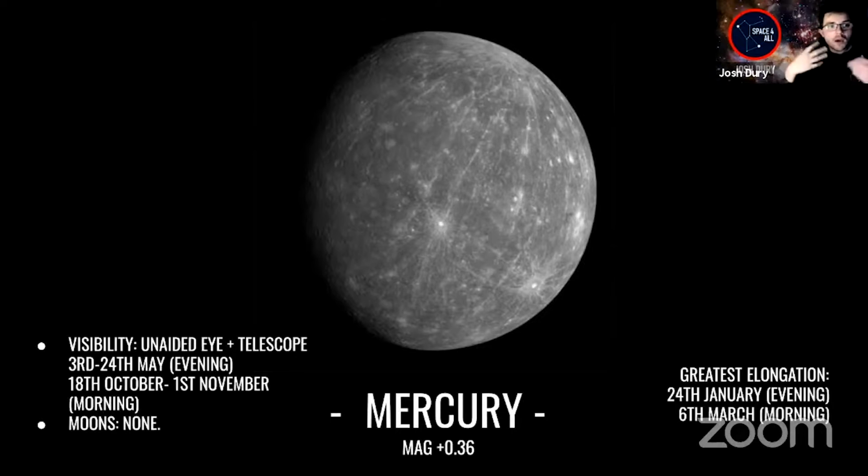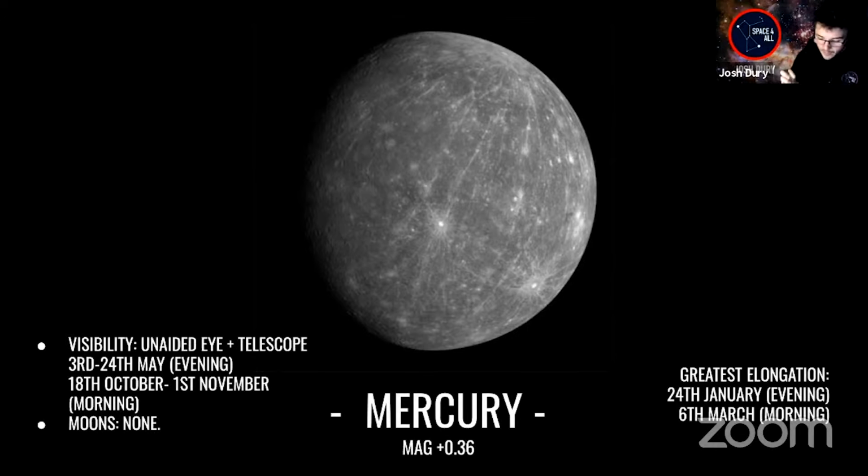So just to give you an idea of what magnitude means, plus, this has always been the way I've remembered it since I was 7 years old, so just bear that in mind, but plus usually tends to mean a dimmer object, okay? So when we see plus, it means it's getting a bit too faint for the unaided eye, so we're going to have some difficulty seeing those objects.